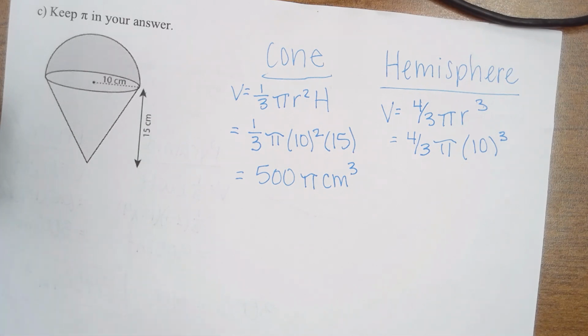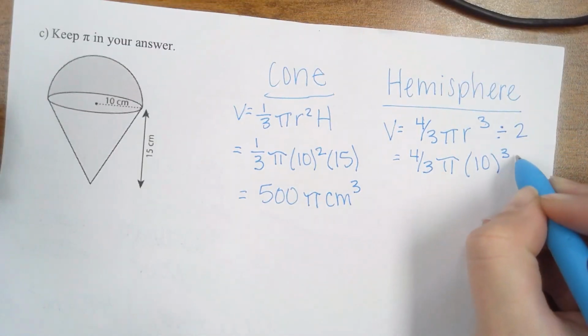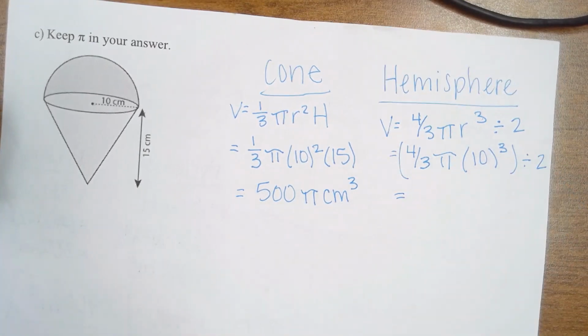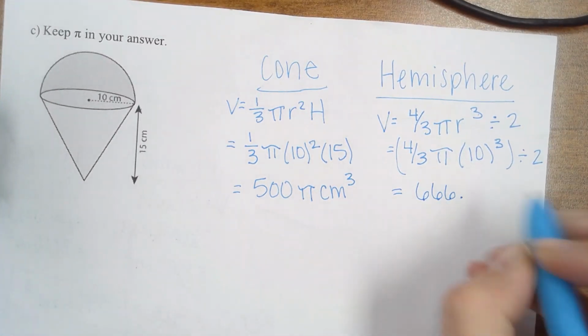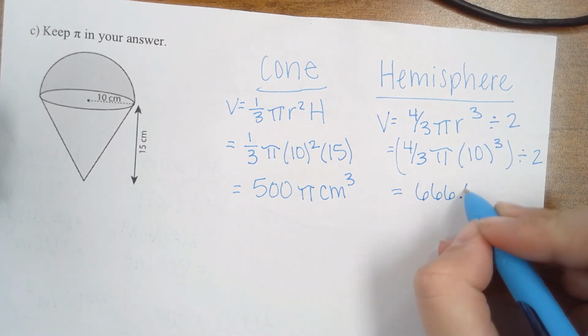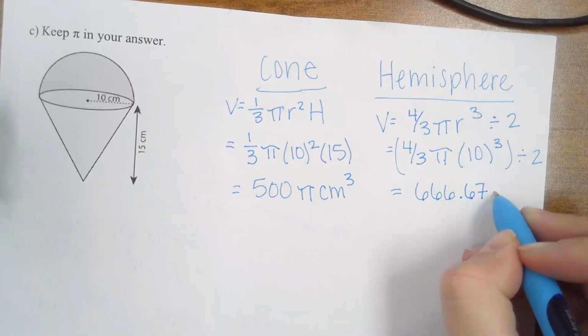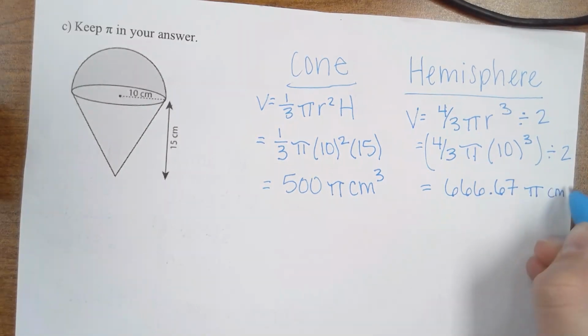But since this is a hemisphere, we need to divide this entire thing by 2. When I take that number divided by 2, we get 666.6 repeating, and I'm just going to leave it as 666.67. Don't forget, we didn't incorporate pi, so pi needs to stay down there. And that will be cubic centimeters.